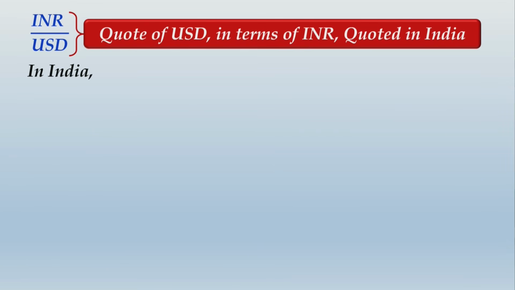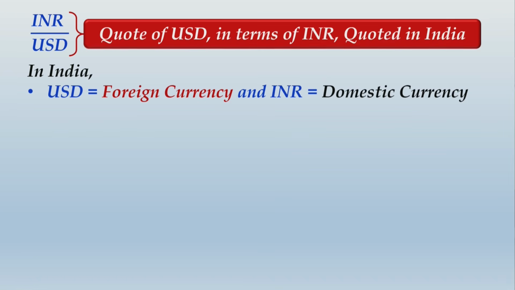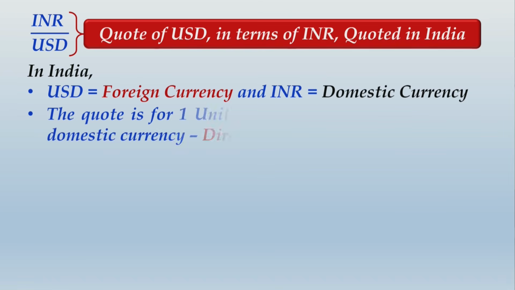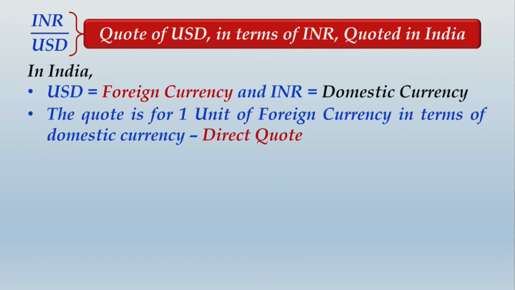Now, in India, USD is the foreign currency and INR is the domestic currency. So if you observe, this quote is of USD in terms of INR. So this quote is for 1 unit of foreign currency in terms of domestic currency. That is why it is called a direct quote.